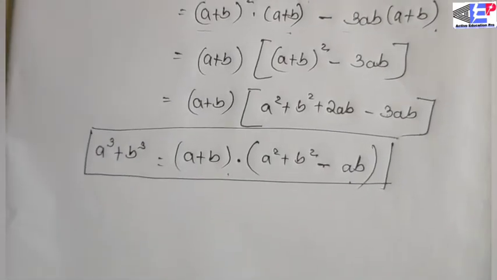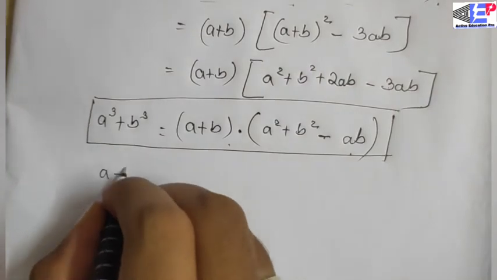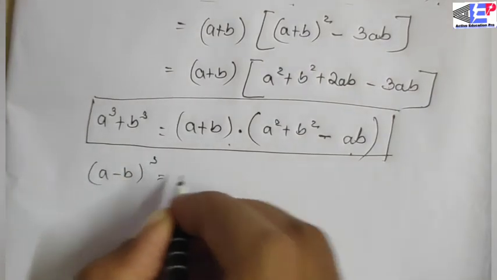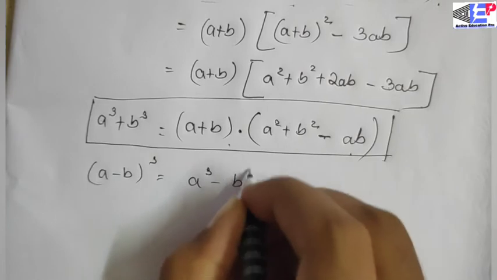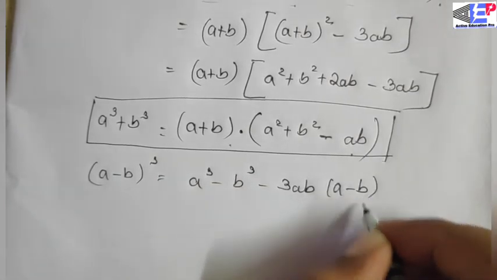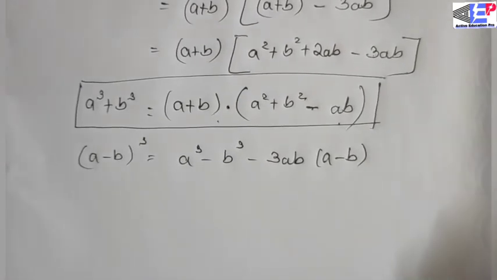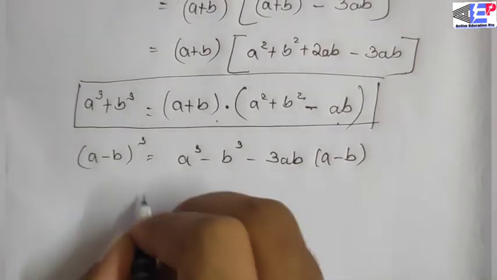Next, evaluate the value of a cube minus b cube. Normally we know (a minus b) whole cube. The formula is a cube minus b cube minus 3ab into (a minus b).